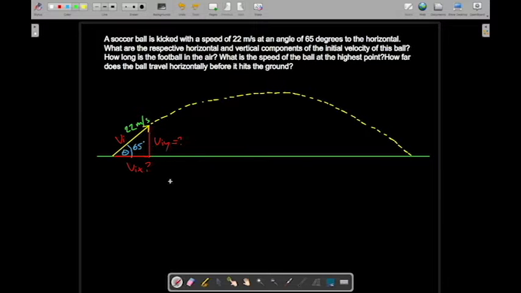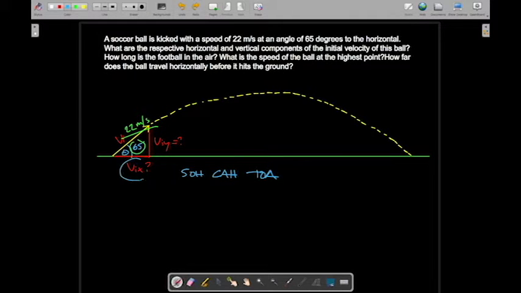Again, it gave us an angle and one of the three sides, so we can solve these two sides with no problem at all. All we have to do is go back to our trusty mnemonic, SOHCAHTOA. We're going to use our trigonometry functions in order to solve for these sides.